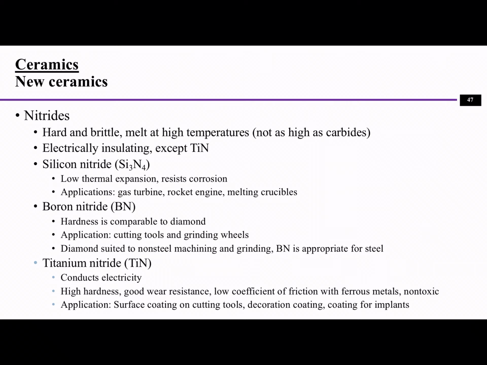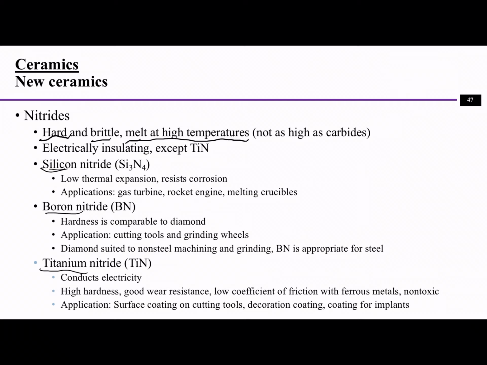So nitrides are usually hard and brittle, and their melting temperature is really high, but not as high as carbides. There are silicon nitride, boron nitride, and also titanium nitride.